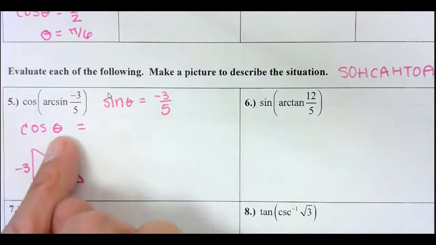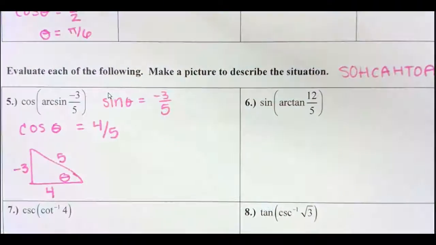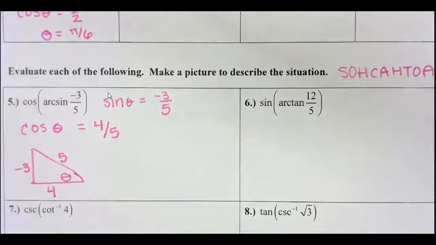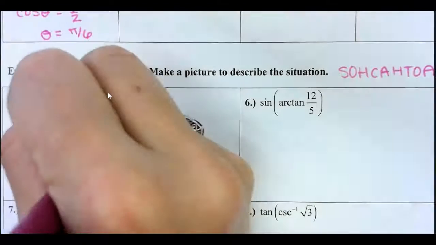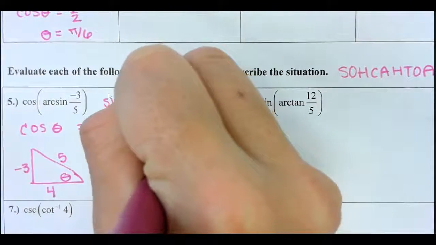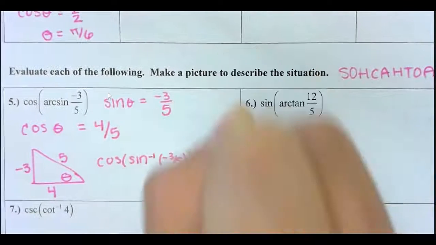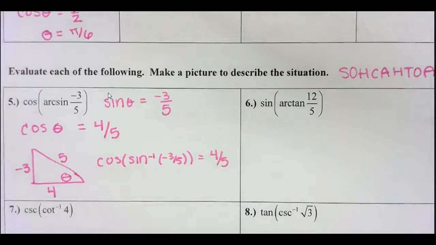So the cosine of theta is 4/5. So the answer to the cosine of the arc sine of negative 3/5 is 4/5. Does that make sense?